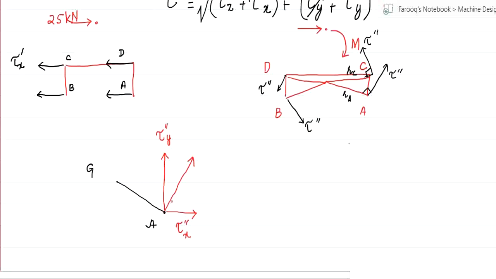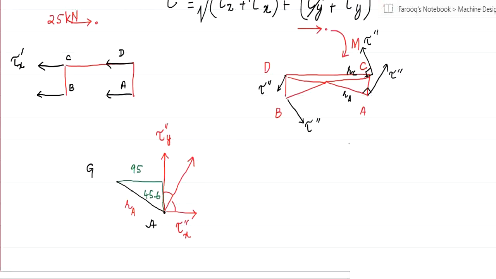For that we need to find an angle between secondary shear stress and X component or the Y component, and for that we are going to use this RA between G and A. We know that this length is 95 and this length is 45.6.